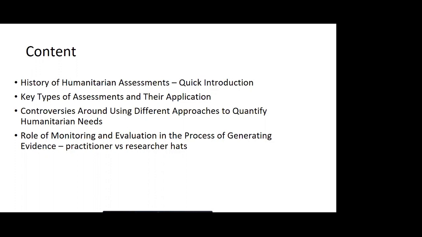And then the key bit where I think it's most interesting is those discourses and the controversies around how to approach certain subjects, and wrap up with the idea of my role as an M&E practitioner versus the researcher hat, which is probably of interest to you to understand how you can try to juggle the two, and how at some point ultimately you also make a choice whether you're on one or the other side most of the time.